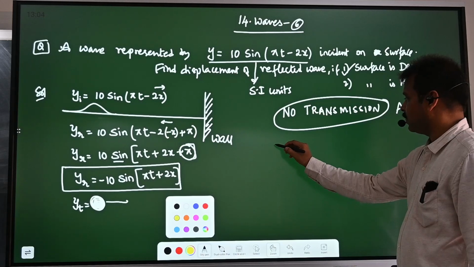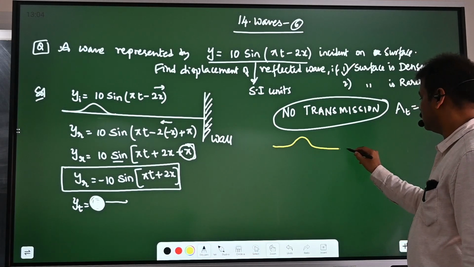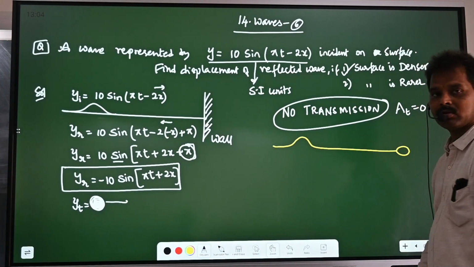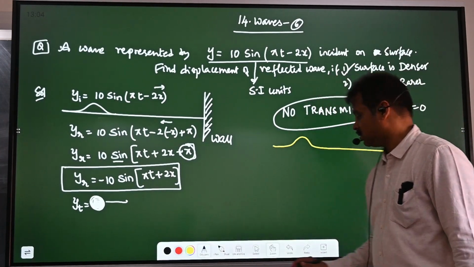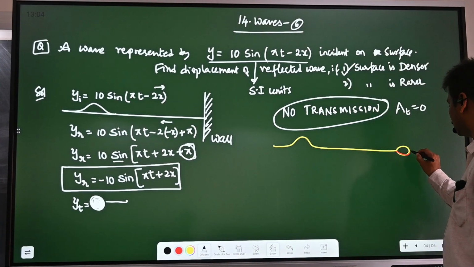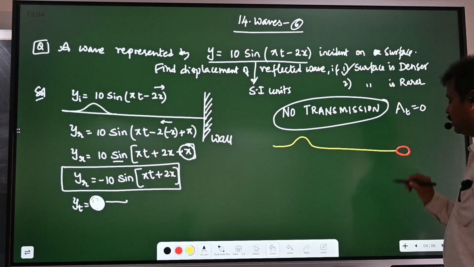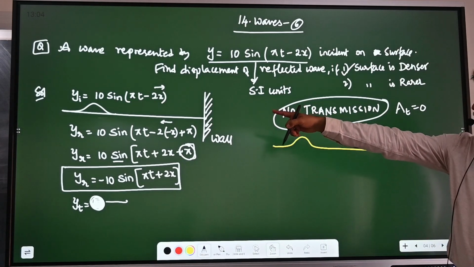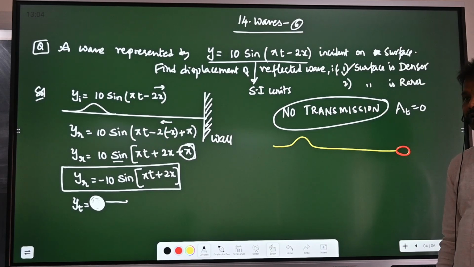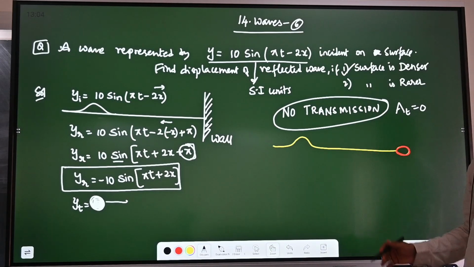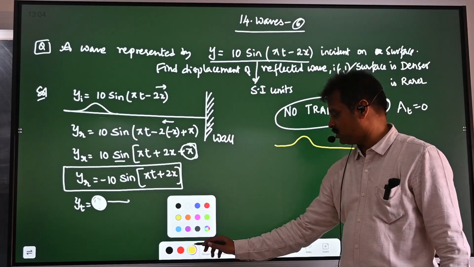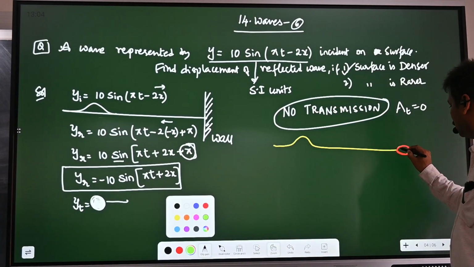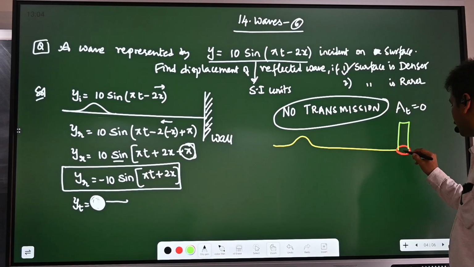Now the same thing, let us say the same string, same pulse. But here the string is connected to a ring, and the ring is passing through a rod. This is the rod.